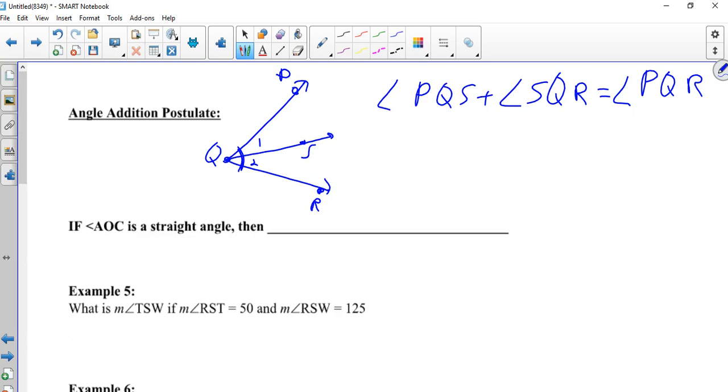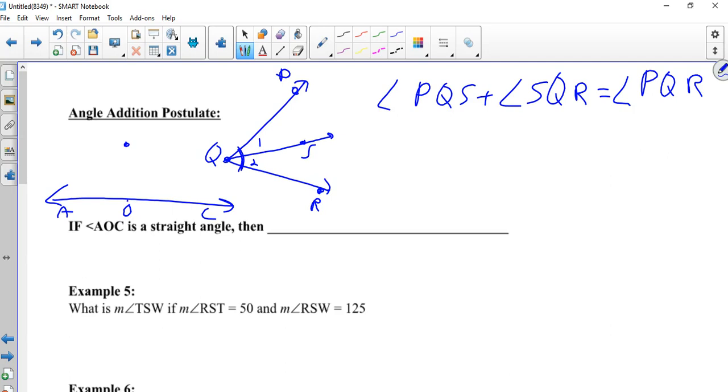And if AOC is a straight angle, I guess I should have done, I'll do another one real quickly for you. AOC and put B, oh, don't know where I was thinking. AOC is a straight angle. So that's AOC.